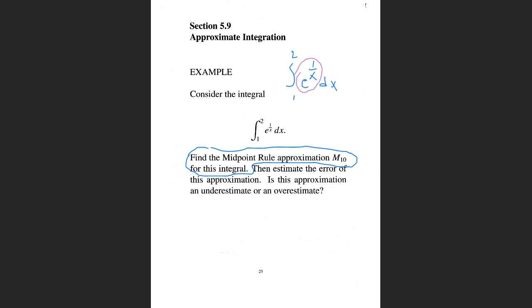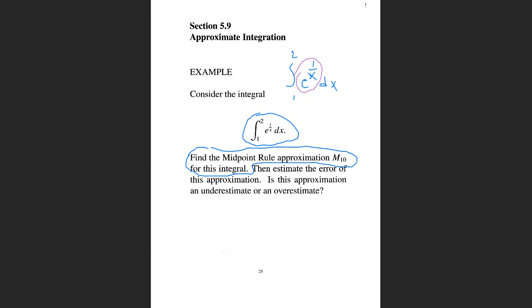So we're going to have to get the value of this definite integral using an approximation. And I'm going to use the midpoint rule approximation, M sub 10.